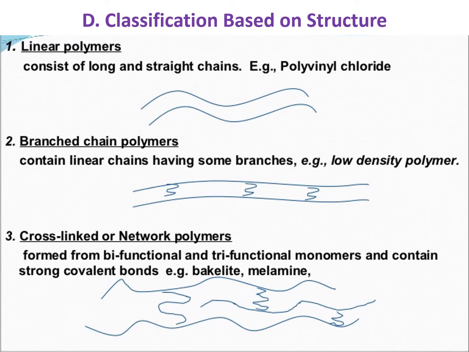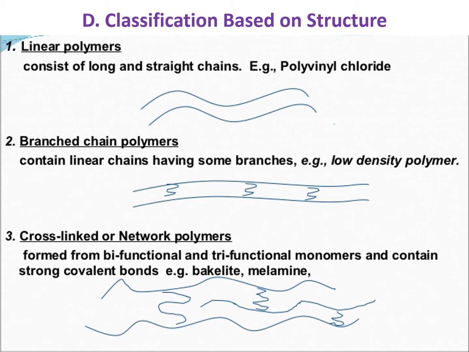Based on the polymer chain structure, polymers can be classified in different ways. For example, the first one is linear polymers. That means polymers having only straight chains or linear chains are called linear polymers. Example, polyvinyl chloride and polyethylene, they have only linear chains.